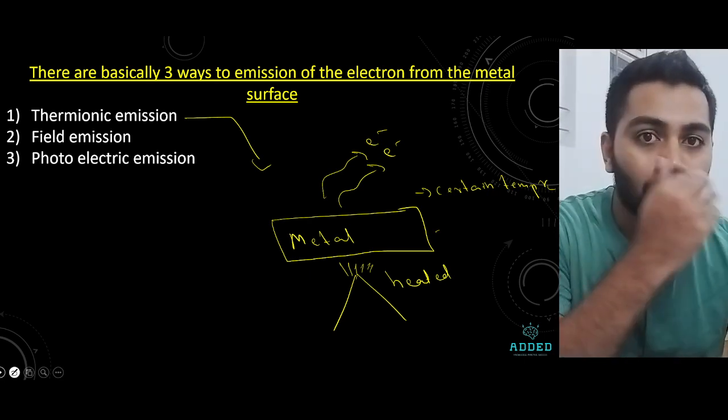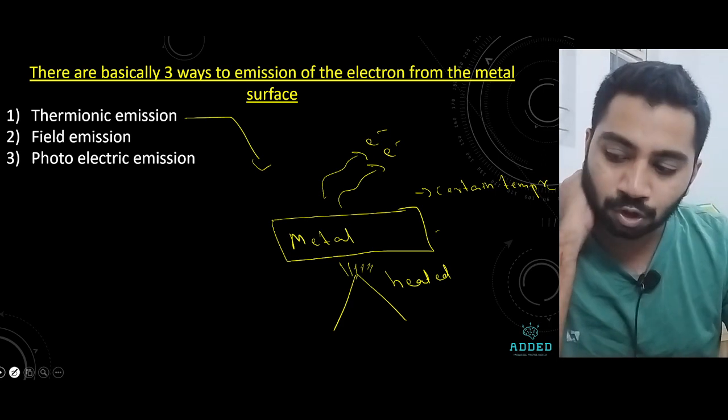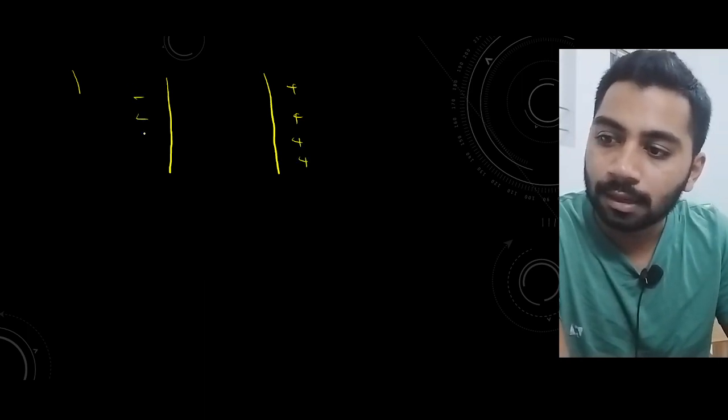Okay. Now field emission. What do we mean by field emission? See, field emission is very simple. I will show you. This is your positive and negative, anode and cathode.